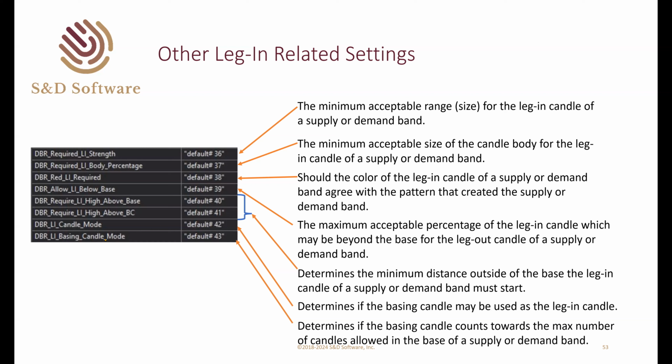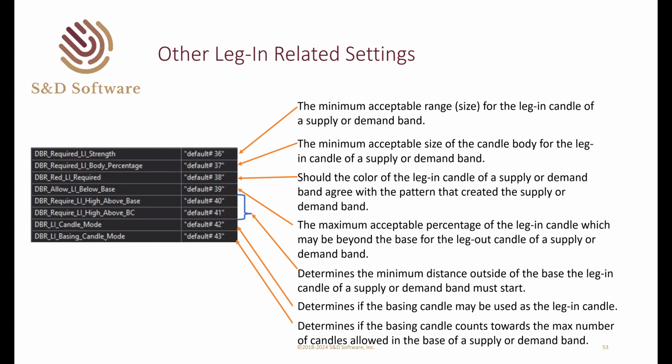And so allowing the basing candle to count as one of the candles in the base or not can make a difference in whether a base gets turned into a supply band or a demand band.